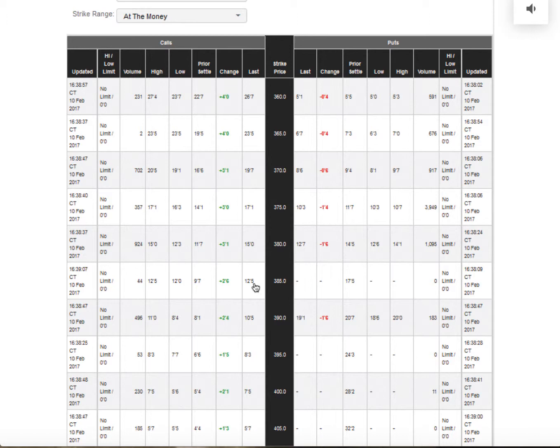If we just take 5 divided by 8, that gives us 0.625. So the price is actually 0.12625. So it's basically almost 13 cents.